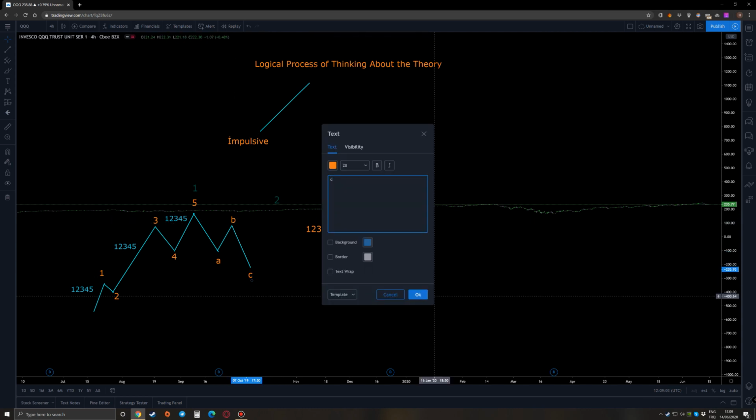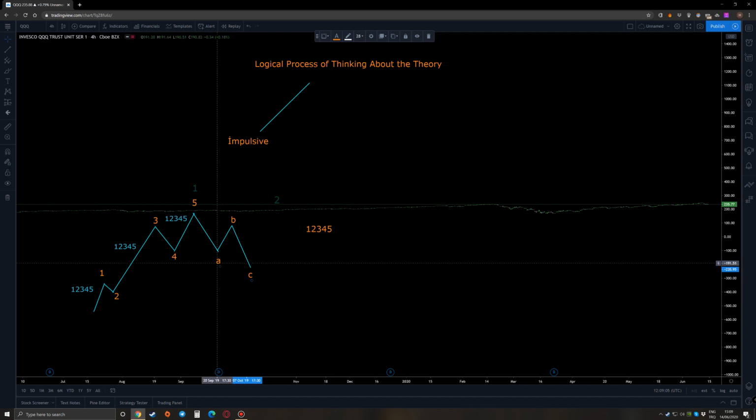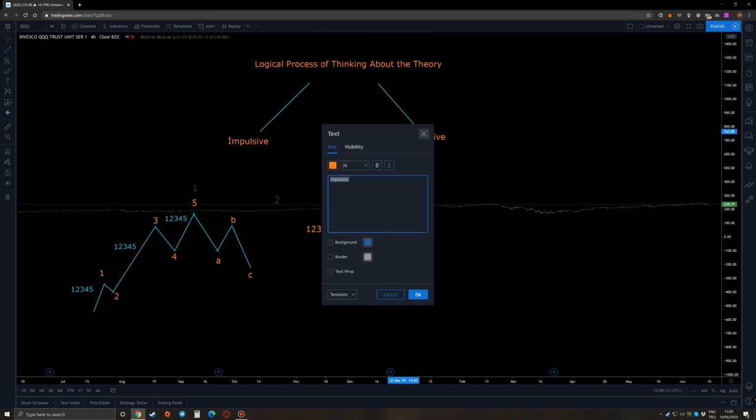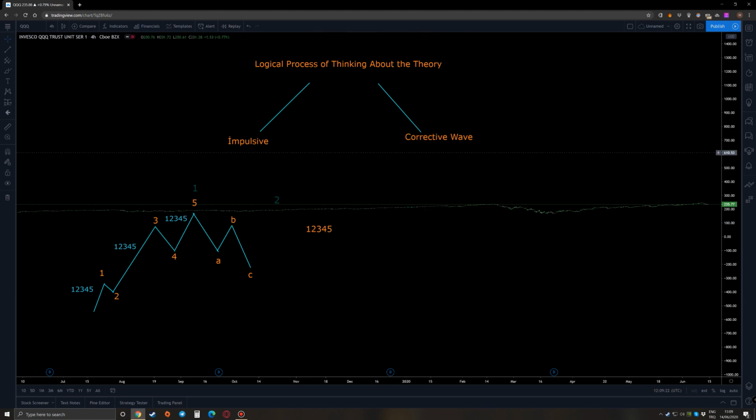Whenever you see an Elliott wave that is labeled with ABC, it means that you are looking for a corrective wave. Okay, a corrective wave. So now it's actually this simple.